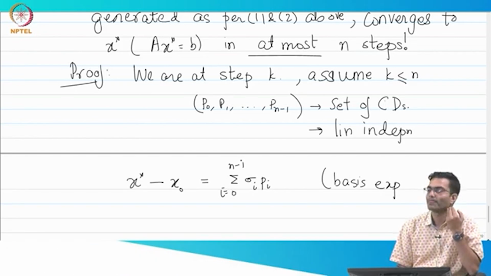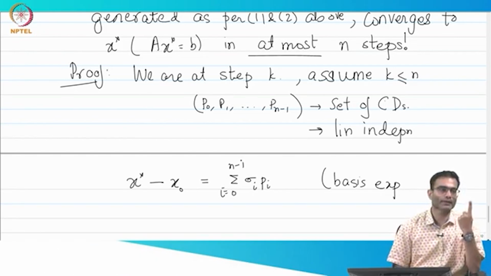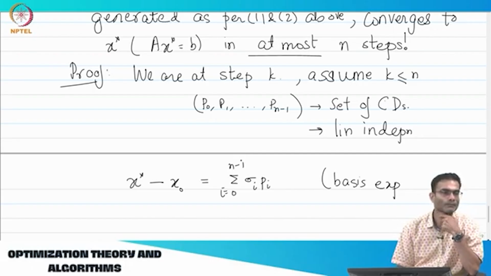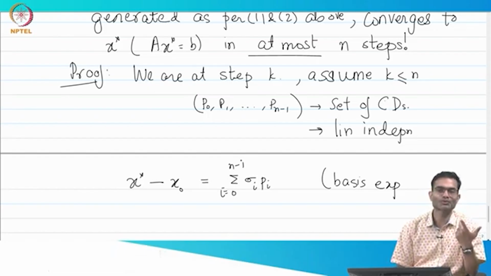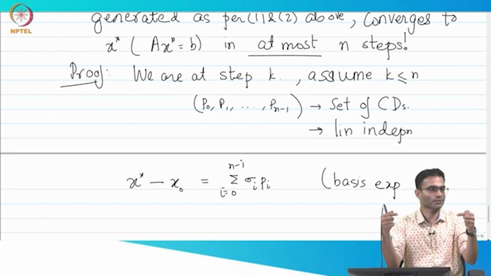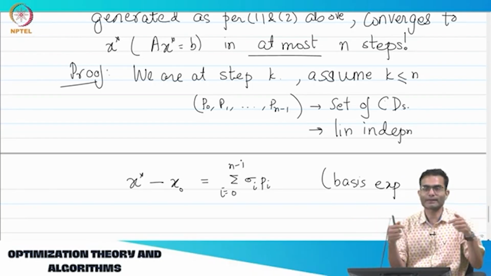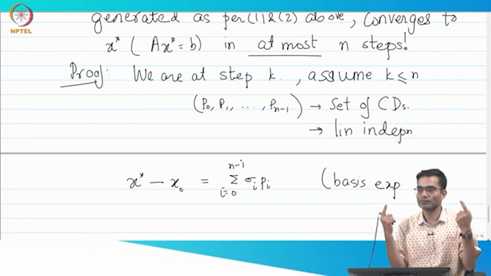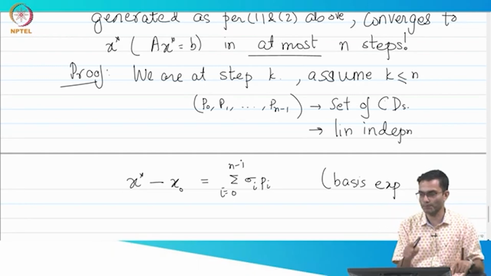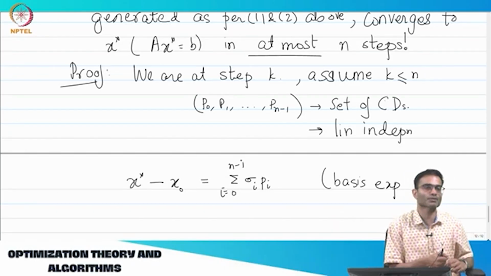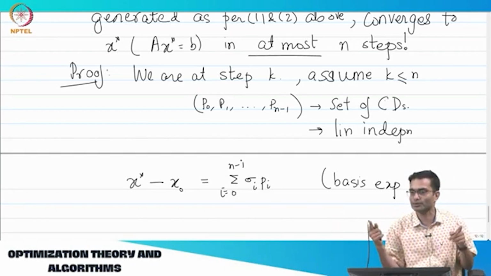Again, we have one tool, one trick in our box. If I want to evaluate the sigmas, what can I do? What is the tool that I have used and will continue to use again and again? Use the conjugacy property, right? If I stick a p k transpose A, it will annihilate all terms but one. There are p0 up to p n minus 1. If I do this trick of p k transpose A, only one guy is going to survive, all other terms are going to go to 0.